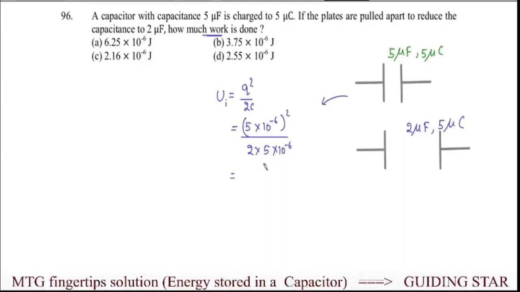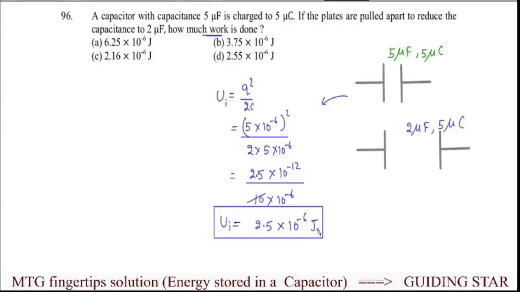So it is 25 into 10 to the power minus 12 divided by 10 into 10 to the power minus 6. We can cut, and we get 2.5 into 10 to the minus 6 joules of energy. So the initial energy across the capacitor is 2.5 into 10 to the minus 6 joule.